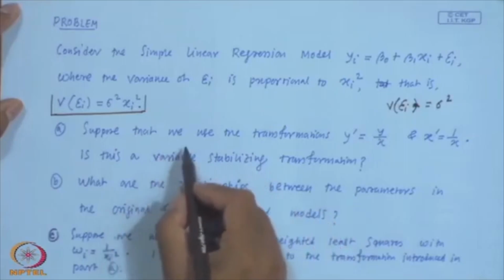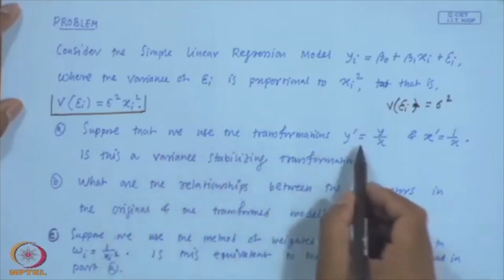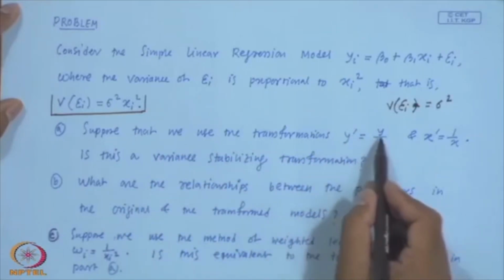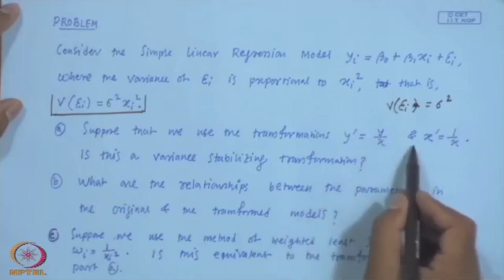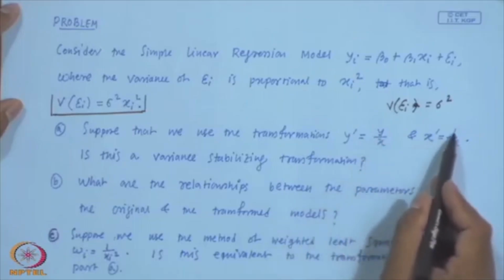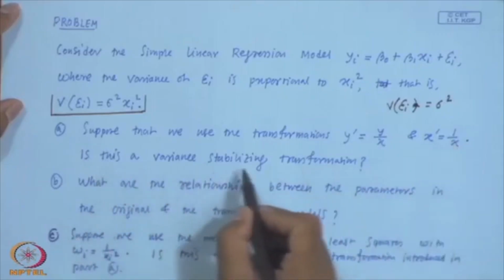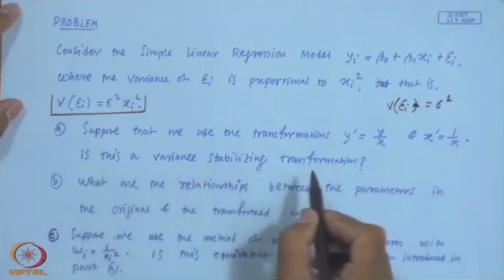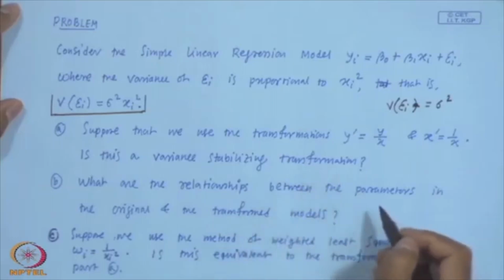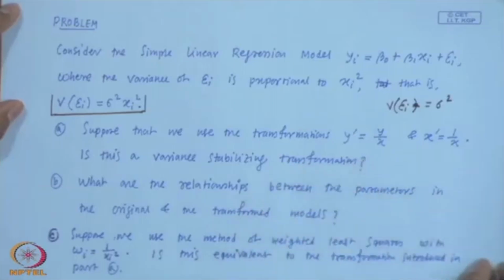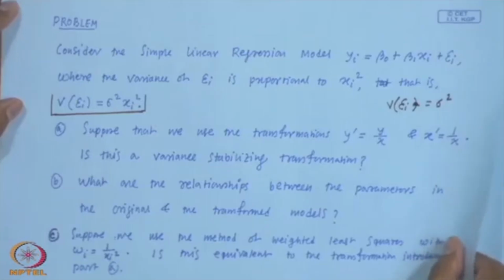Suppose that we use the transformation y prime equal to y by x and x prime equal to 1 by x. Is this a variance stabilizing transformation? Okay, first solve this problem.